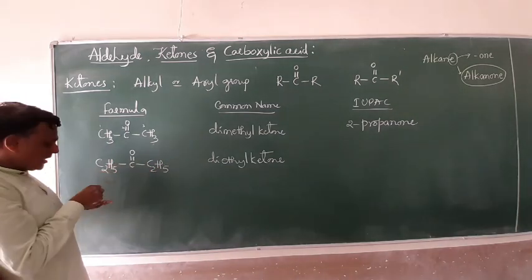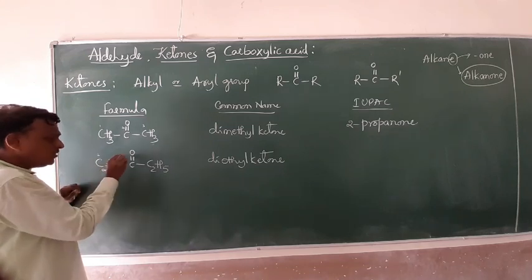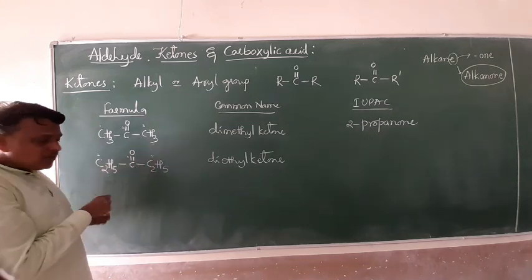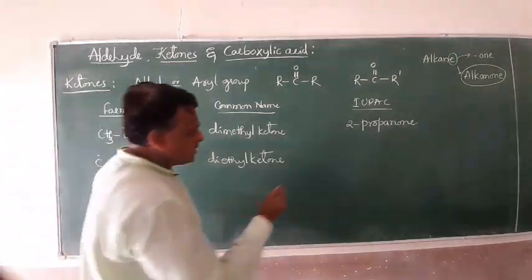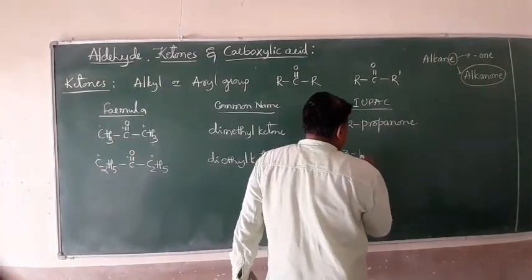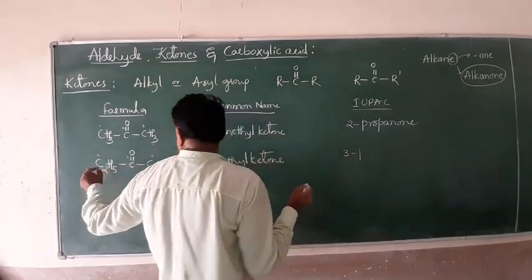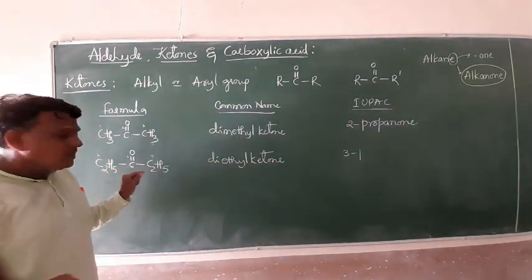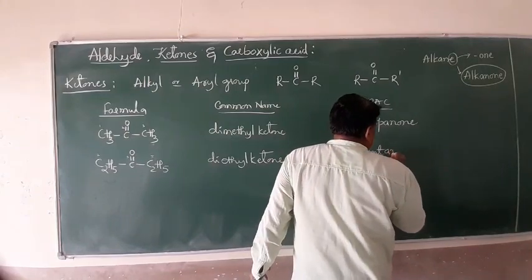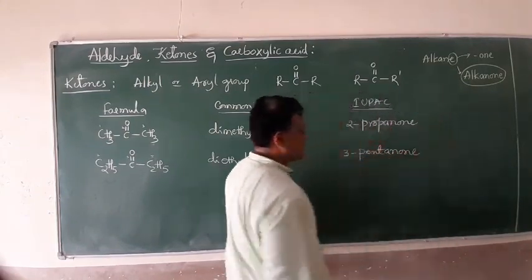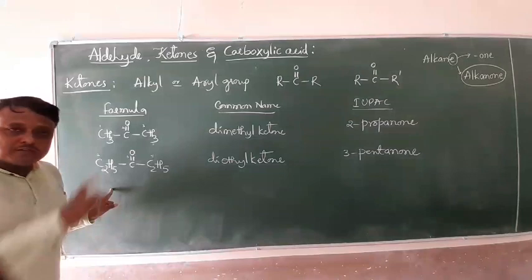The third position is the carbonyl carbon, and the total carbons are 5. So the name of this compound is 3-pentanone.